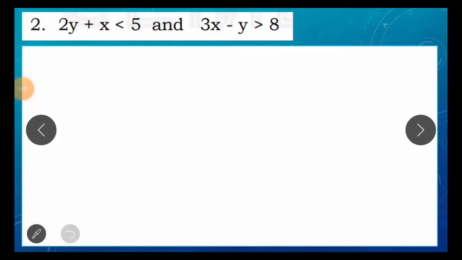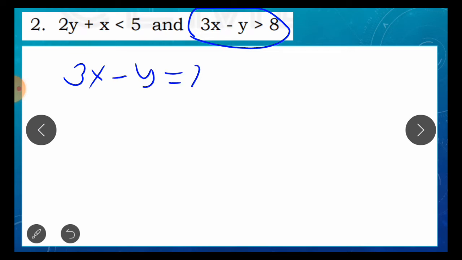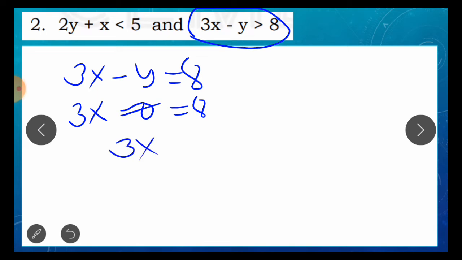Okay. Next is to graph the second. So next we're going to find the x and y intercepts of this inequality. So let's make it an equation. It will become 3x minus y equals 8. Then to find the x-intercept, we have to change y to 0. So it will be cancelled. So it will become 3x equals 8.